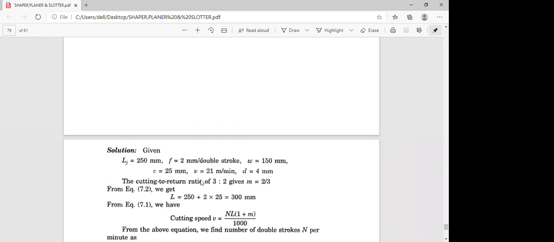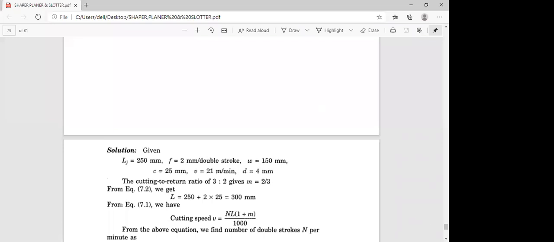That is why I said that sometimes you will be given the opposite ratio. So you have to take it not as 3/2 but 2/3. 2/3 is 0.66. You have to be very careful. Suppose he is giving it the other way; the standard notation you have to follow for this m is the return to cutting time ratio. This is the return, this is the cutting time.